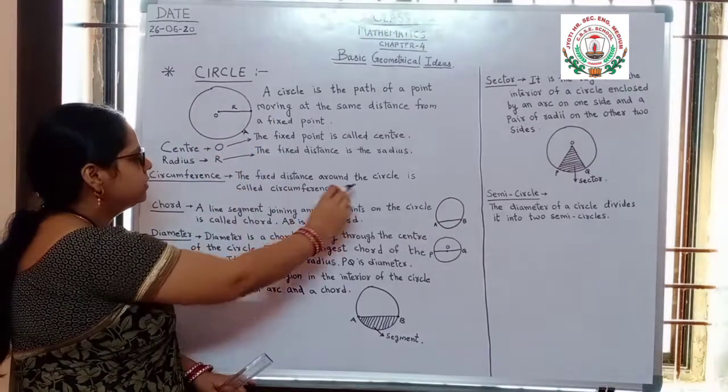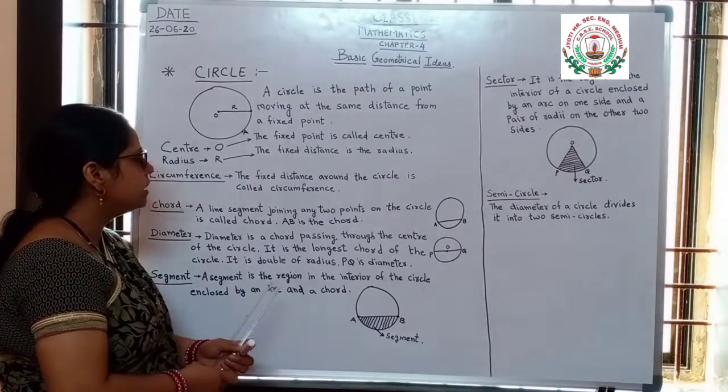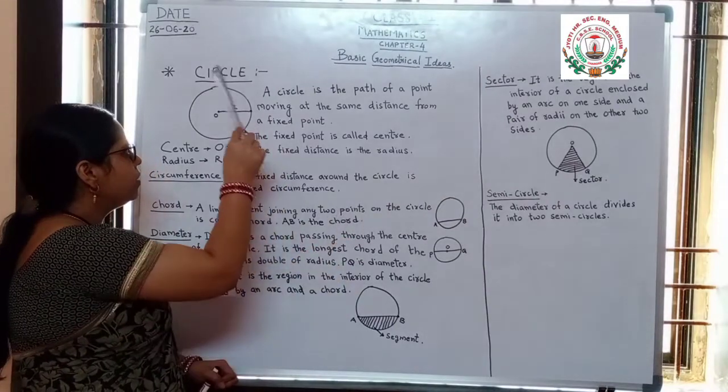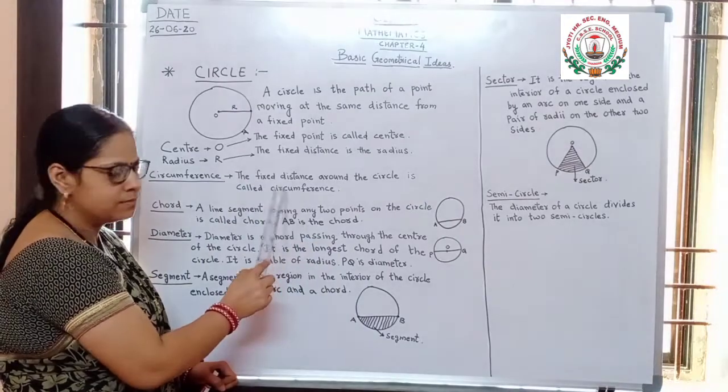That is called the circumference, the fixed distance around the circle, the whole round.